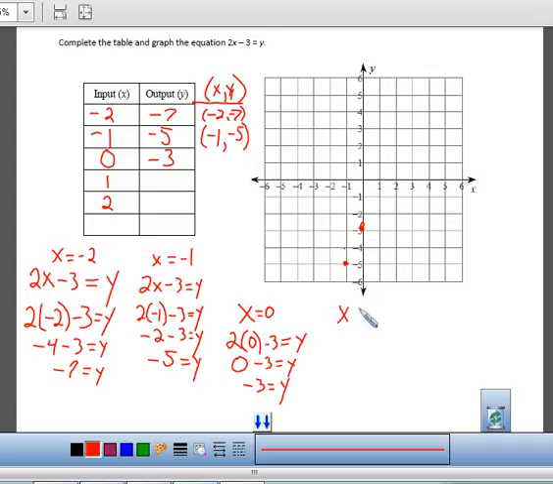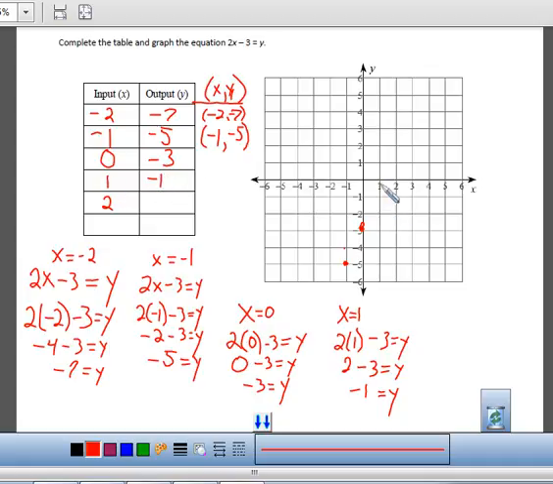When x is 1, what is y going to be? So 2 times 1 minus 3 equals y. 2 minus 3 is -1. So when x is 1, y is -1.